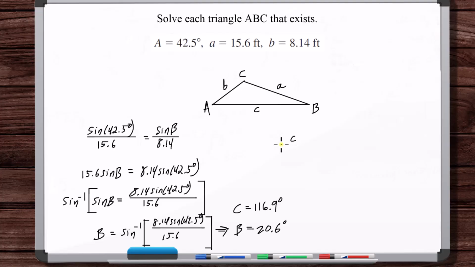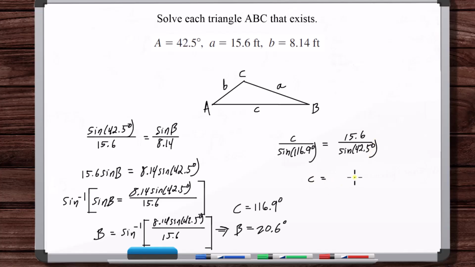So side length C over sine of C is equal to, and since we're given angle A and side length A, let's use those to avoid rounding errors. So we've got 15.6 over sine of 42.5.